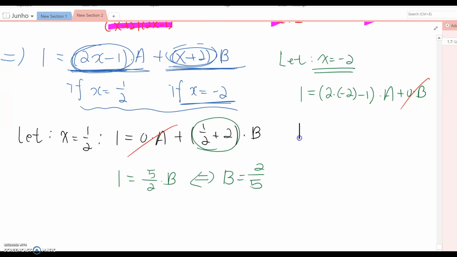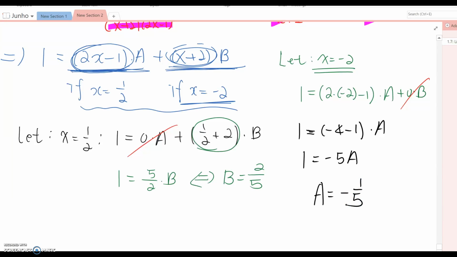So this becomes 1 equals (negative 4 minus 1) times A, which means 1 equals negative 5A. So divide by negative 5, then you will get A equals negative 1 over 5.